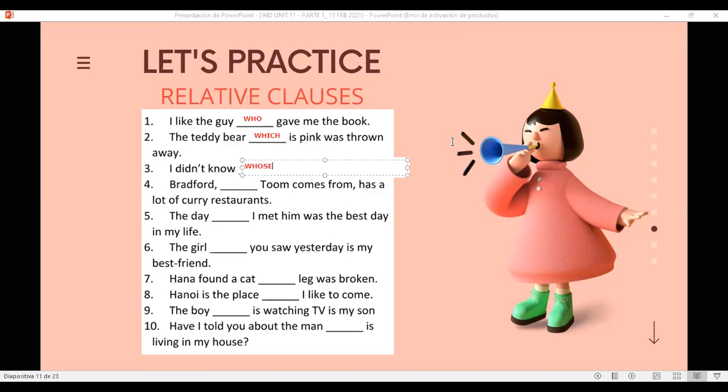So, help me with the answer of number 4, María. Bradford es una ciudad, un lugar. What would you use in order to describe a place?